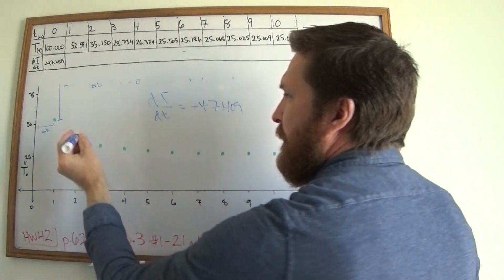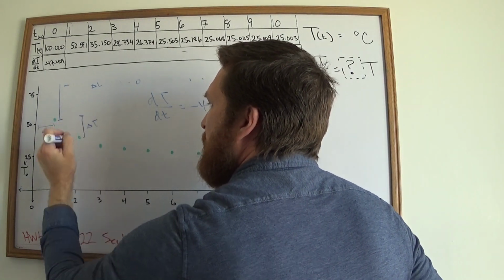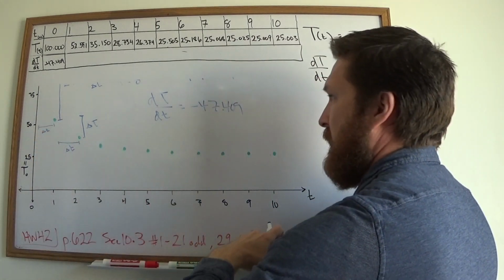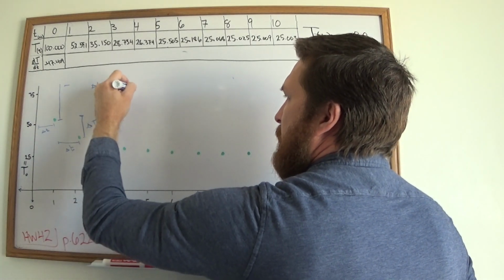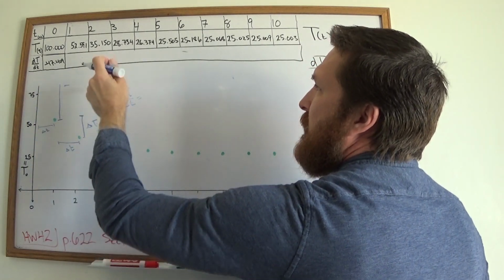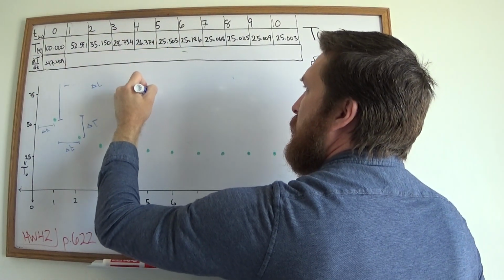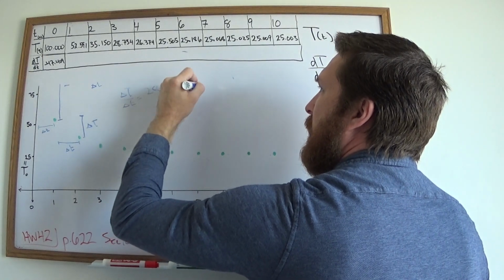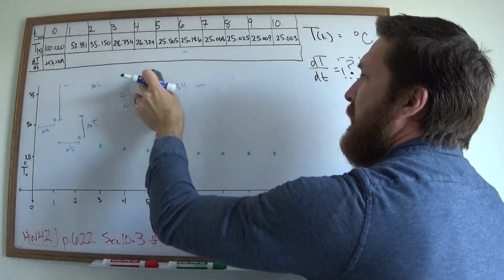We go from here to here, that's delta T, and this from here to here is delta little t. So the slope in this area is the last minus that, 28.734 minus, or wait, no, I messed that up, didn't I?